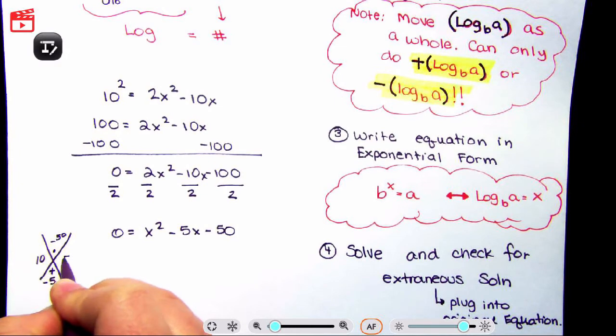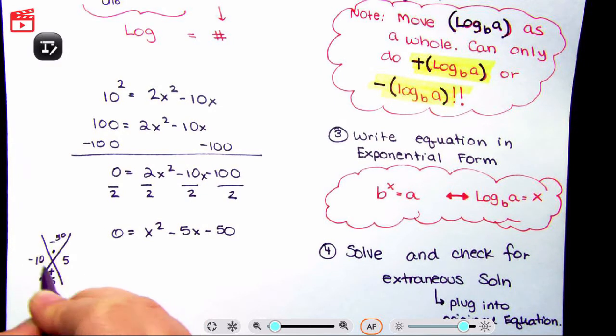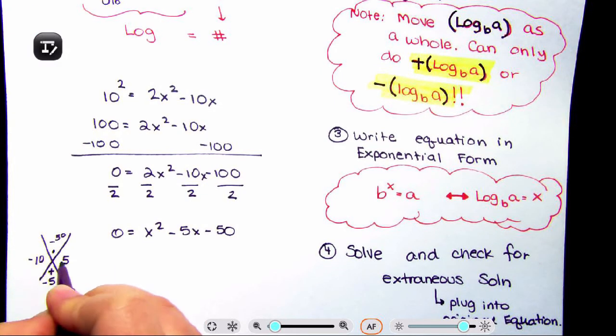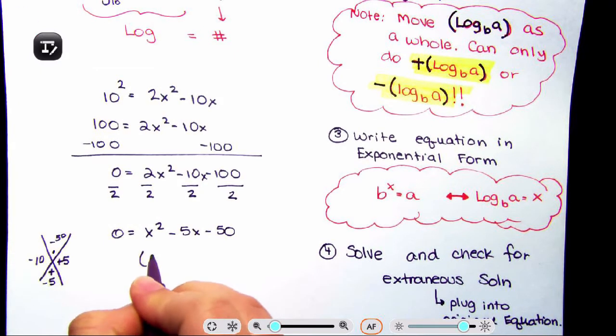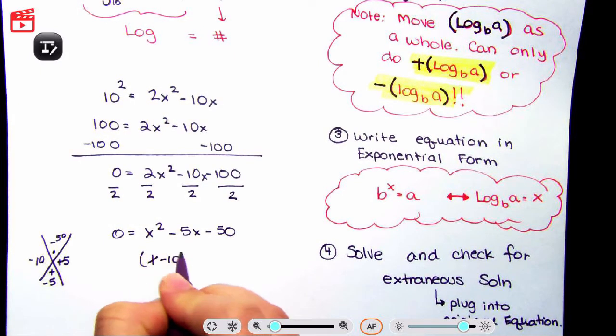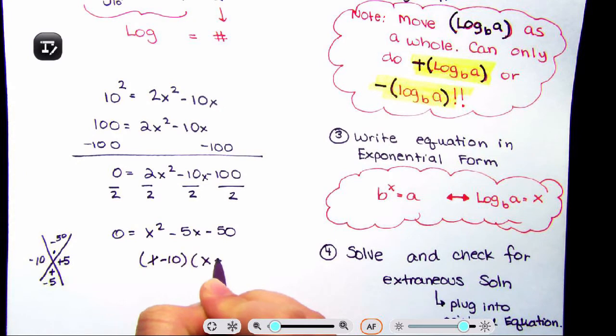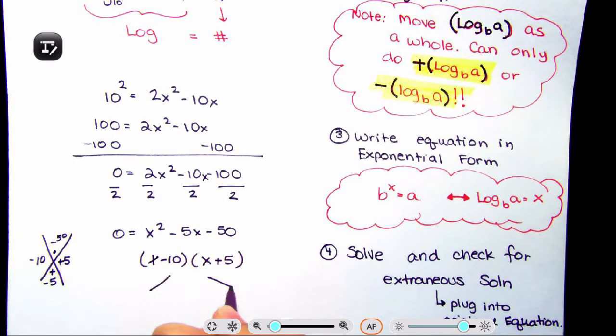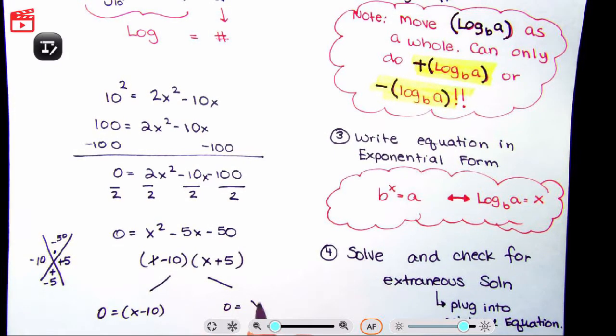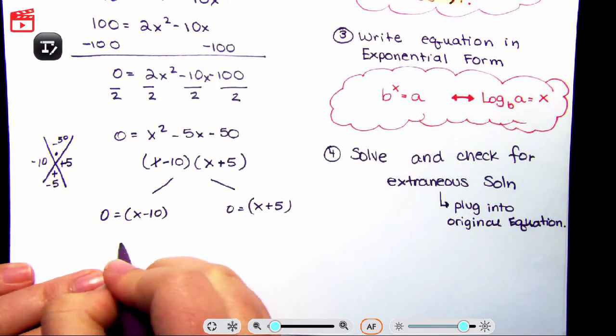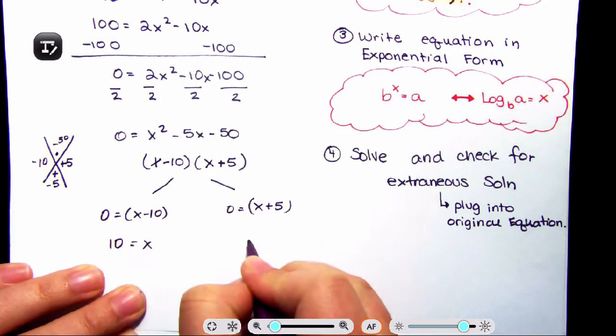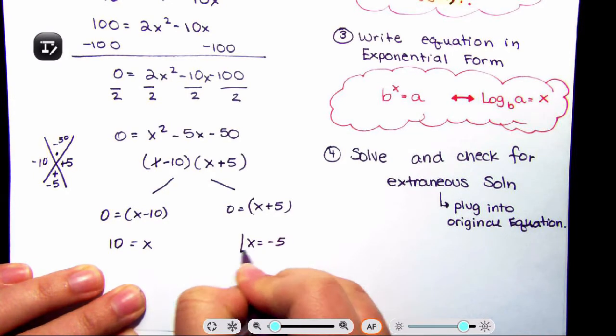I'm thinking 10 and 5, no, we need 1 negative, 1 positive. So 10 is negative, 5 is positive. Once we have this, set each bubble equal to 0. So that means x is equal to positive 10, x is equal to negative 5.